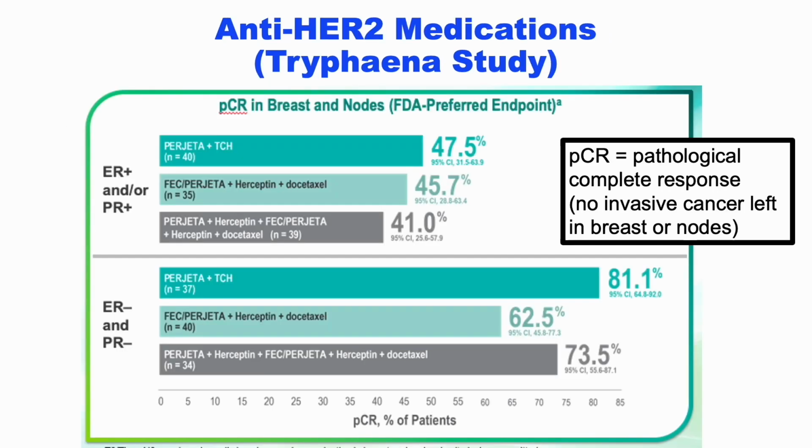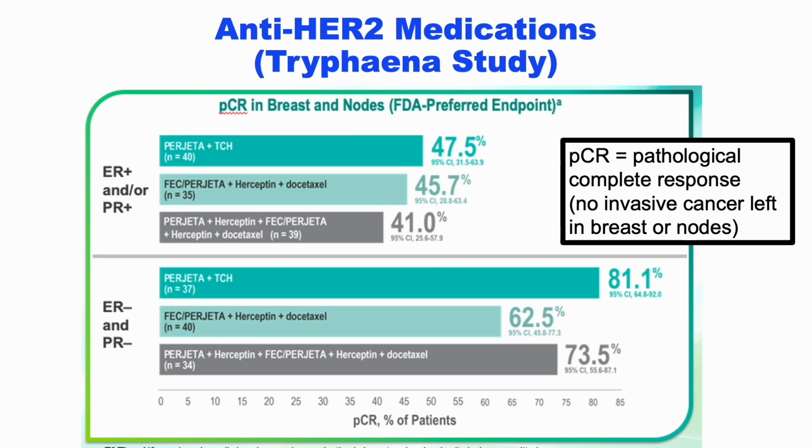What you see is that there are remarkably high rates of pathological complete response when any of these chemotherapy regimens are provided. These regimens that are listed include both chemotherapy and anti-HER2 therapy, what we call immunotherapy.